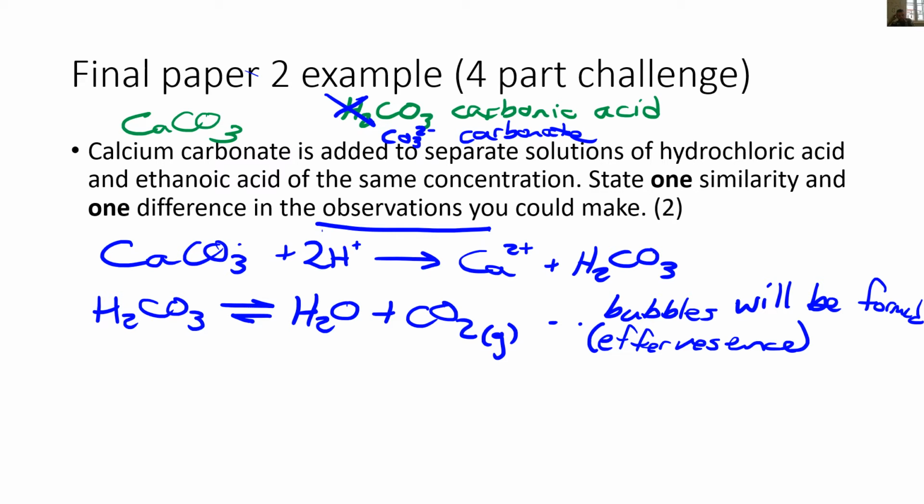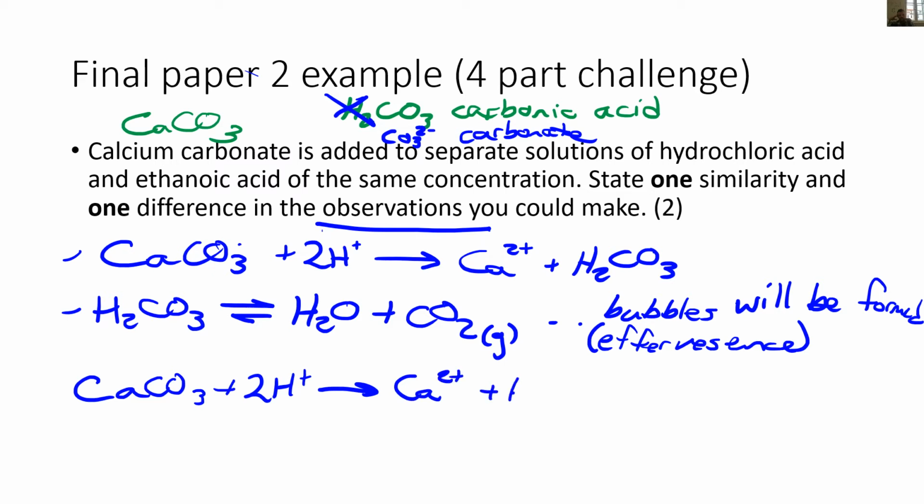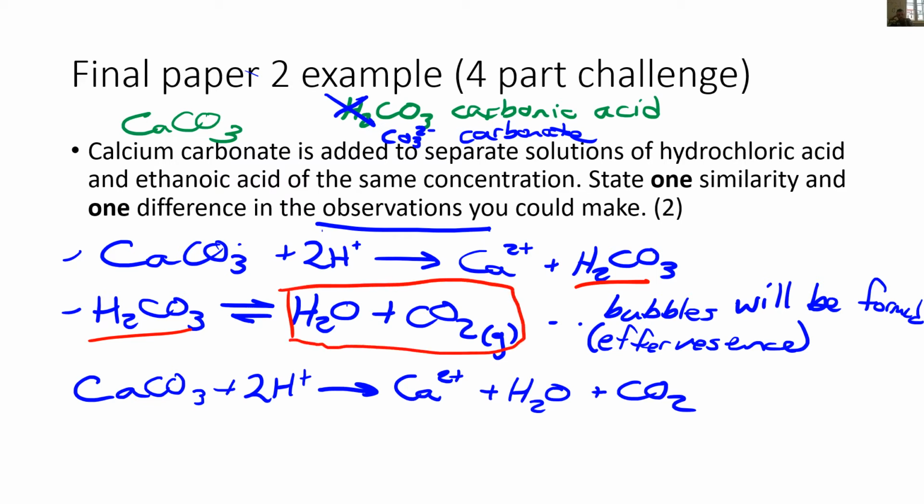You could do this series to justify the bubbles being made, or you can just put it all together. So CaCO3 plus 2 H pluses, so 2 acids, gives me Ca2 plus, H2O plus CO2. And all I did there was substitute, since these are in both equations, I just substituted this in for the H2CO3.